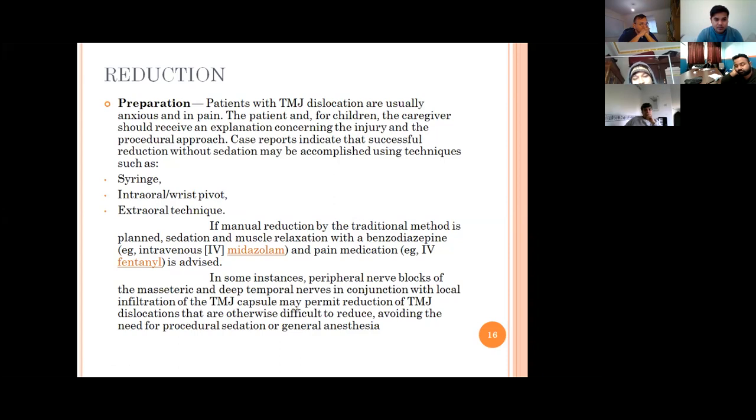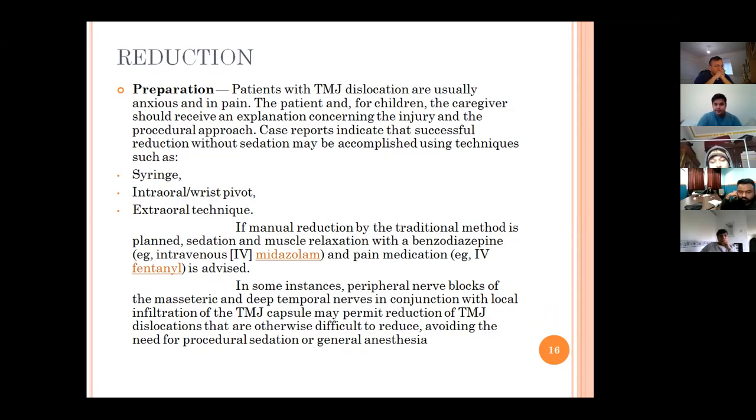Case reports indicate that successful reduction without sedation may be accomplished using techniques such as the syringe, intraoral or wrist pivot technique, and extraoral technique. If manual reduction by the traditional method is planned, sedation and muscle relaxation with a benzodiazepine and pain medication, fentanyl, is advised.